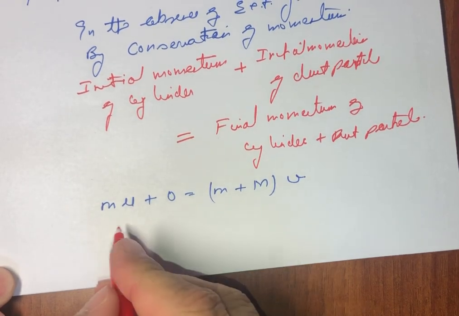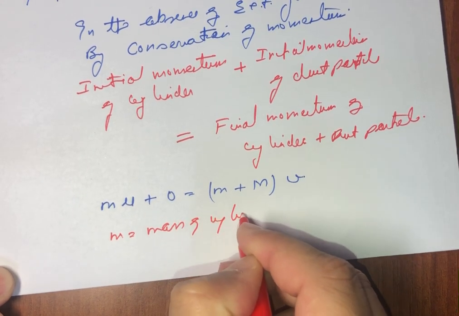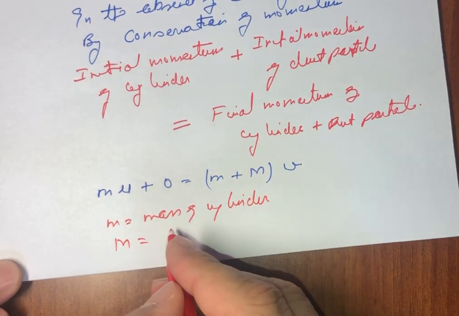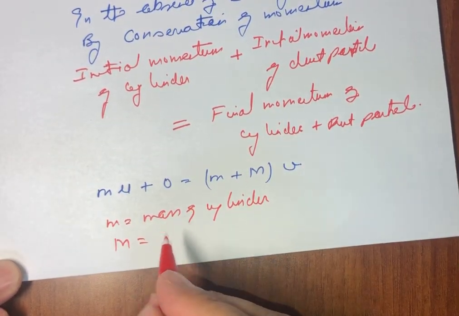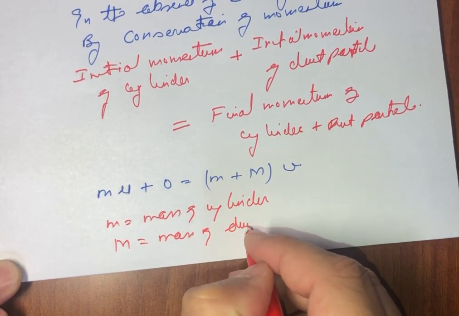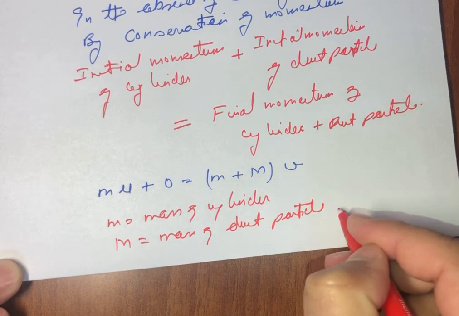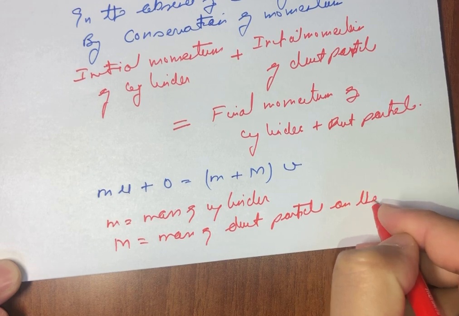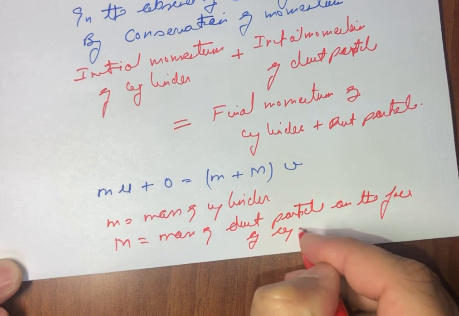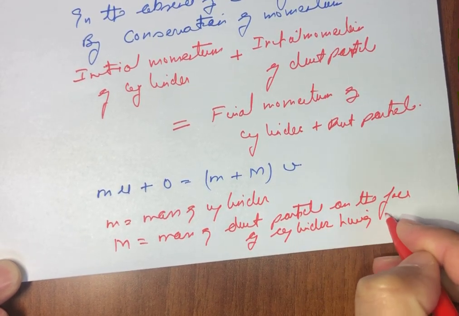Here we can write that m is the mass of the cylinder and capital M is the mass of the dust particles accumulated on the face of the cylinder in the thickness x.